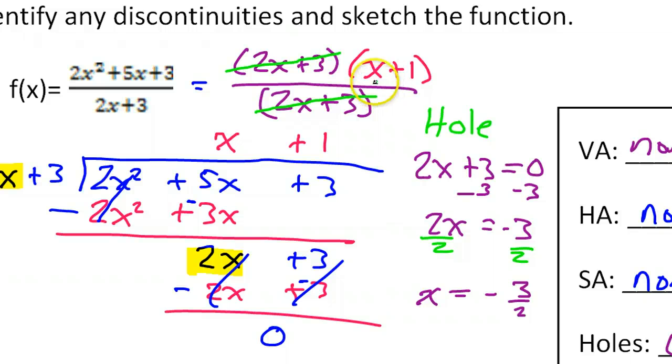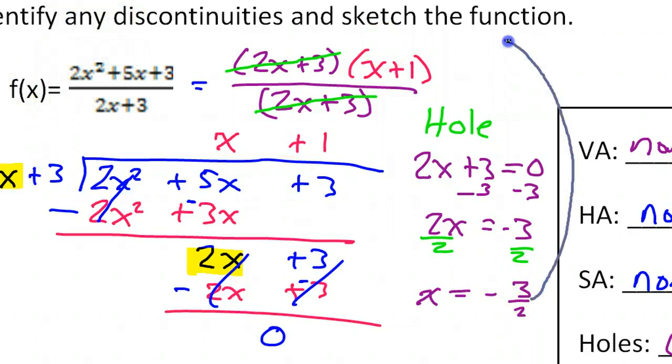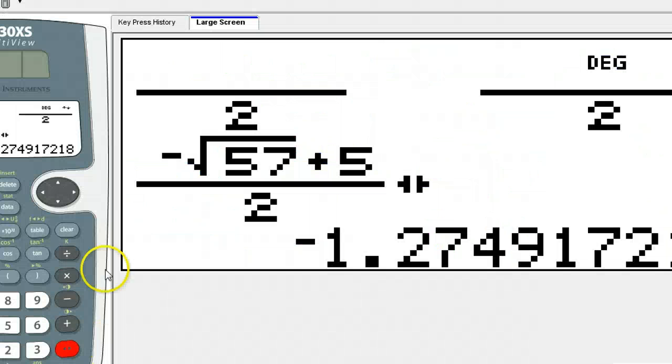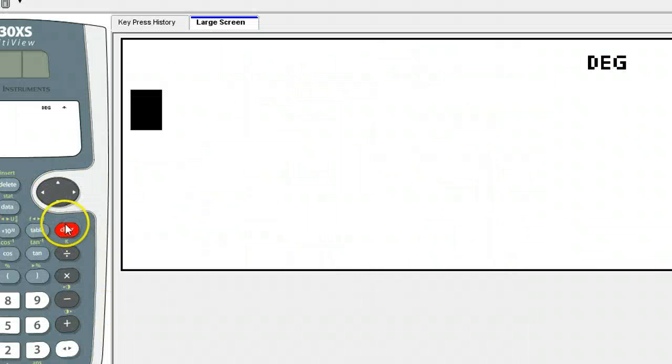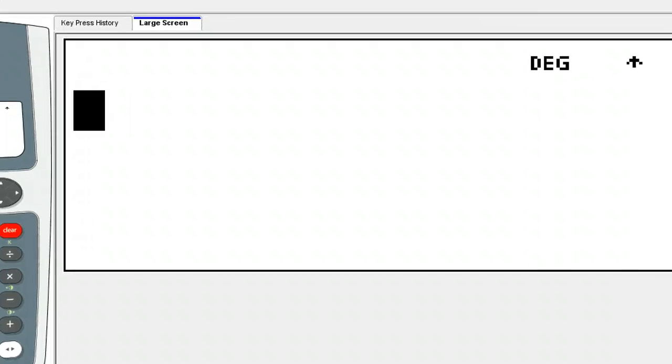I could use my calculator for this, but that would be a little silly because it's so simple. I might as well manually substitute negative 3 over 2 for x. If I take this negative 3 over 2 and plug it in for x, what I'm going to get is negative 3 over 2 plus 1. You shouldn't need a calculator for this, but just in case you do, have one handy.